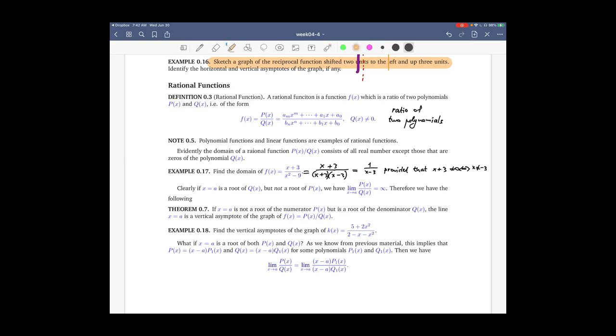Hence the following theorem. If a is not a root of the numerator, but is a root of the denominator, the vertical line x equals a is a vertical asymptote of the graph of p over q. We could see this in our example.